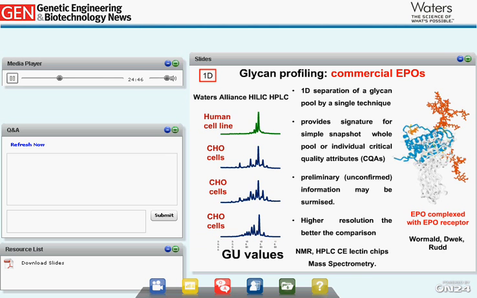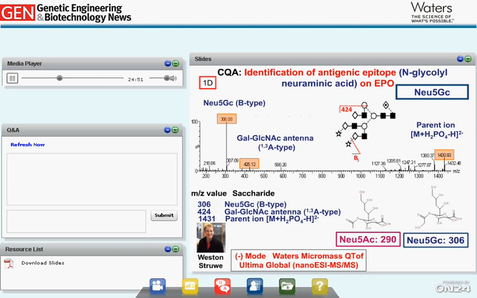You may also want to use a very simple technique to identify an antigenic epitope. Here at 306 m/z is the diagnostic ion for this potential antigenic epitope, N-glycolylneuraminic acid.